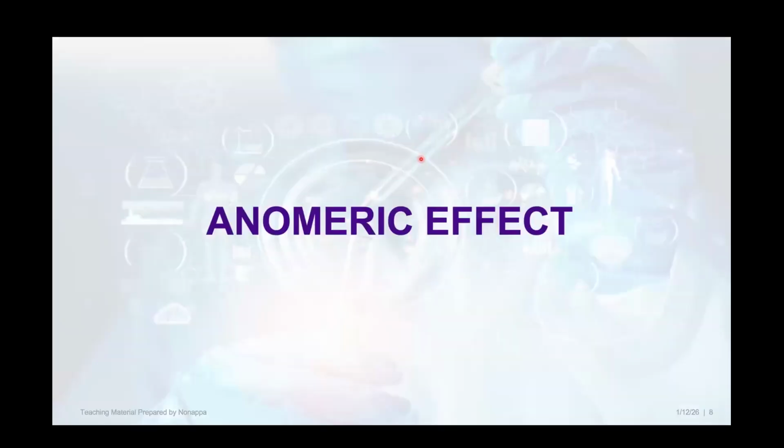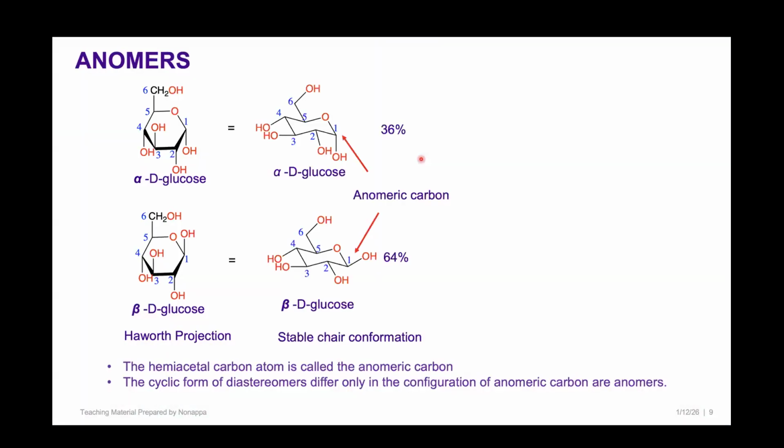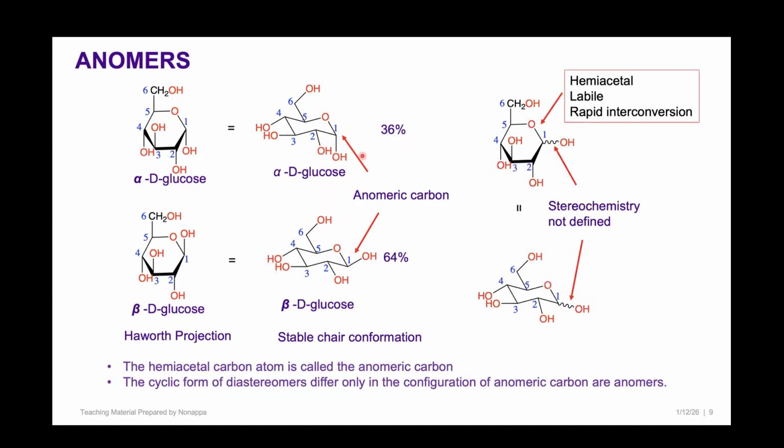Now then, what are anomers and what is the anomeric effect? So we have studied that if we take glucose, it can coexist in solution in two different forms. Predominantly the beta form is 64%, and about 36% is the axial alpha form, along with a small amount of other cyclic forms. And therefore, we often write that the stereochemistry is unknown, as there will be a mixture of isomers.